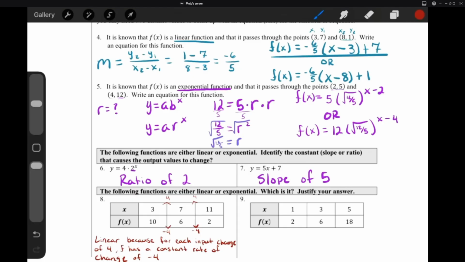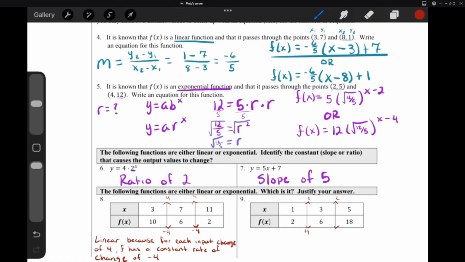Let's go ahead and check our next one, number 9. The difference between 1 and 3 is going to be 2. The difference between 3 and 5 is also 2. Now, let's go ahead and see if they add together, or what adds to 2 to get us 6. In this case, this would be plus 4.